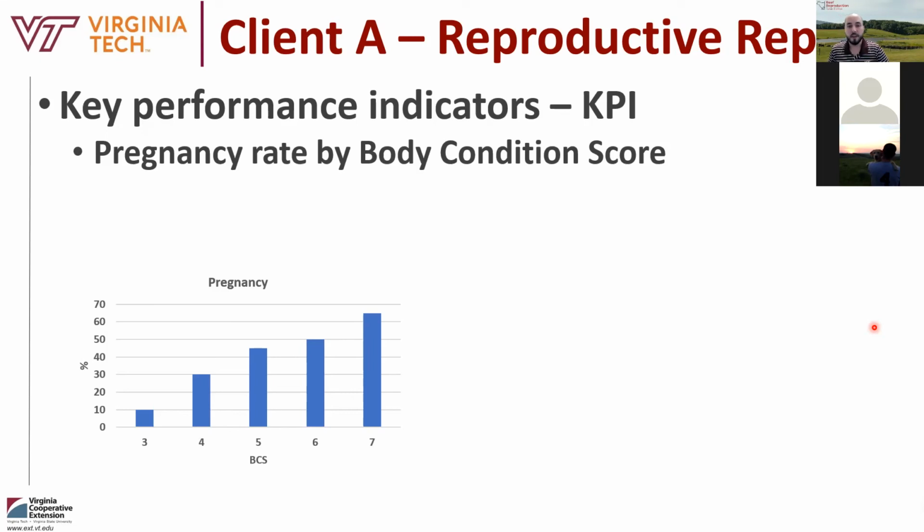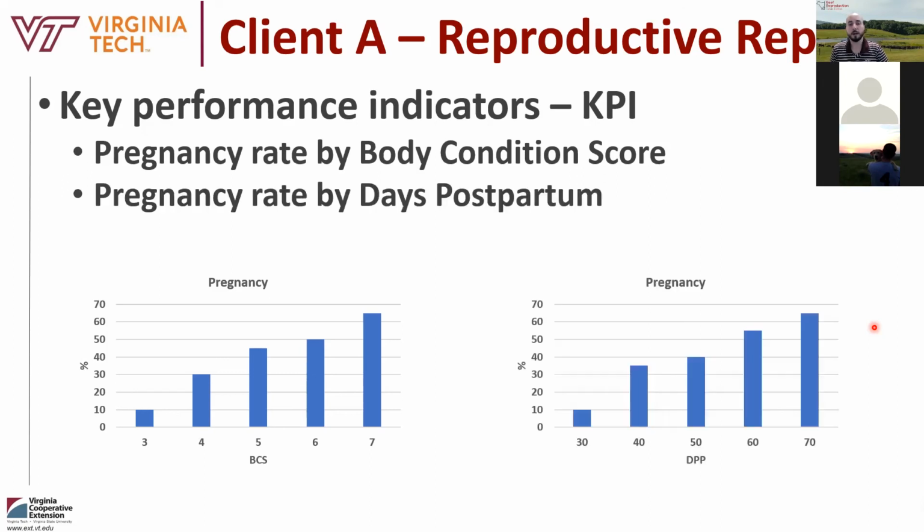Sometimes you get cows too fat and they also suffer problems with fertility, right? And then days postpartum as well, right? So we can create these kinds of figures to show them what's going on, and they can help us understand why things are working or why things are really going bad, right?